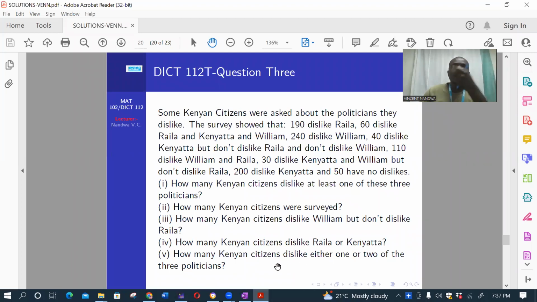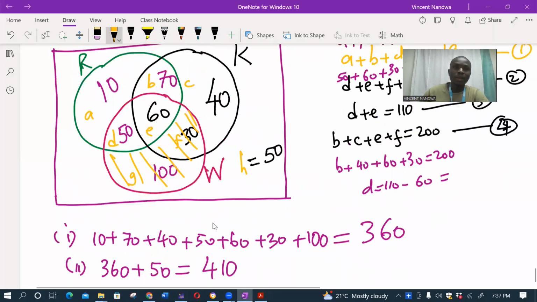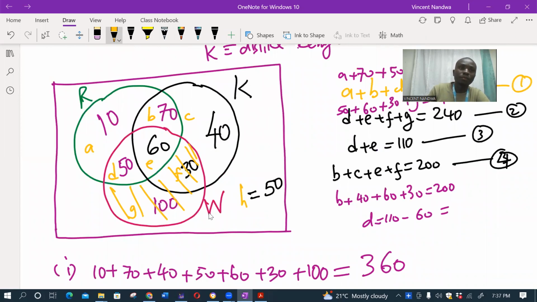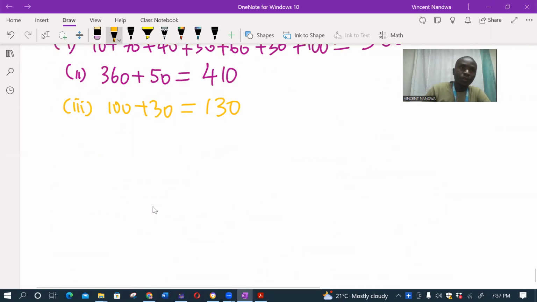So it's the cardinality of R union K. So it will be 10 plus 70 plus 50 plus 60 plus 40 plus 30, which is 260. And so part 4 is 260.